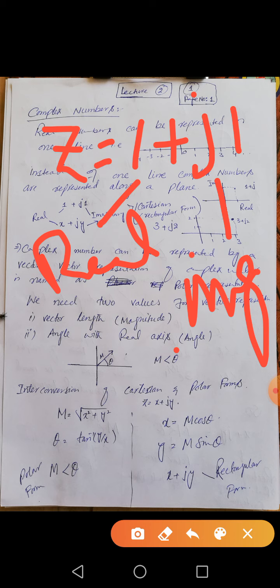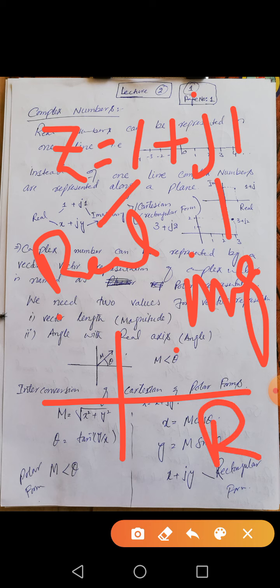To represent this number along a plane, for example, this is our plane, this is the real axis and this is the imaginary axis. The y-axis is termed imaginary and the x-axis is known as the real axis. So we need to plot this number z.